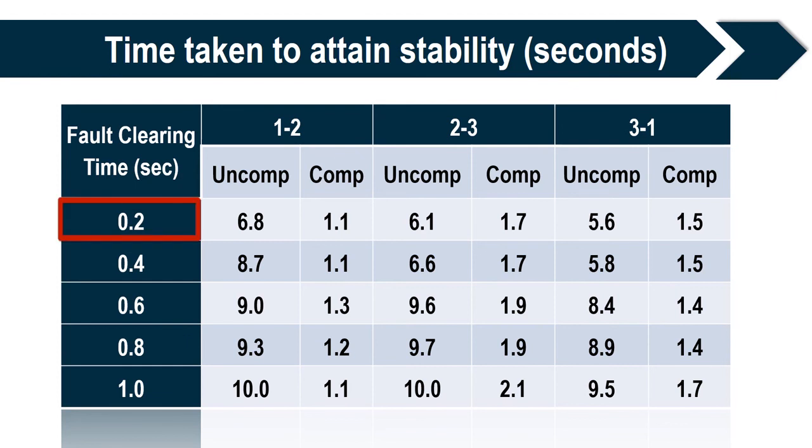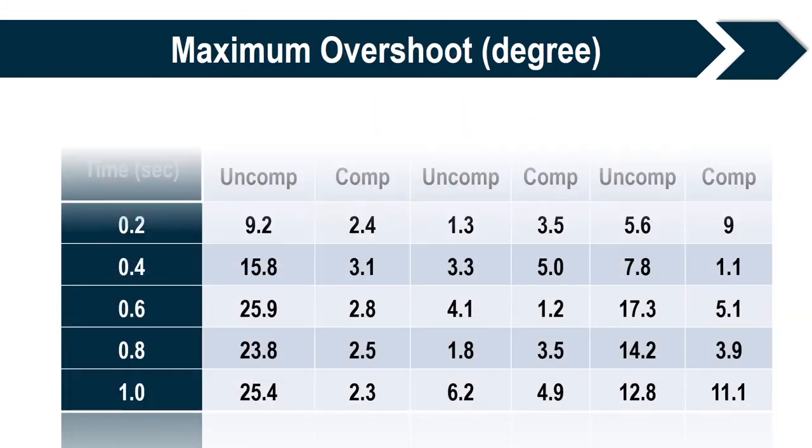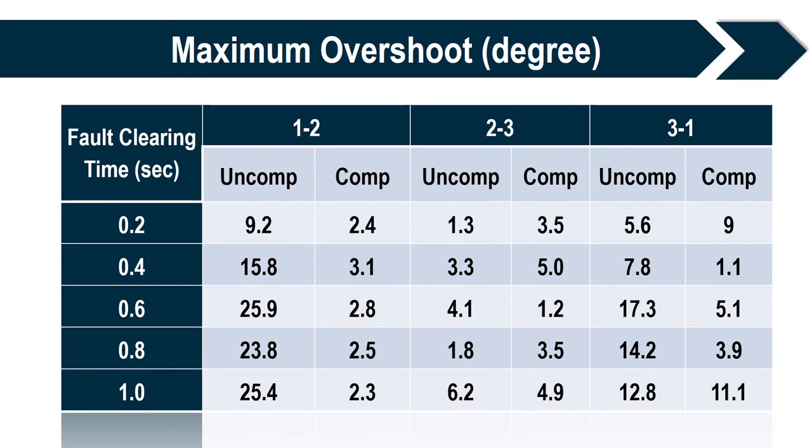As you can see from here, 0.2, 0.4, 0.6, 0.8 and 1, and accordingly the time taken to attain stability was attained in this way. Similarly, the steady state stable values were also found for the various fault clearing times, as well as the maximum overshoot of the various load angles at different fault clearing times was calculated.